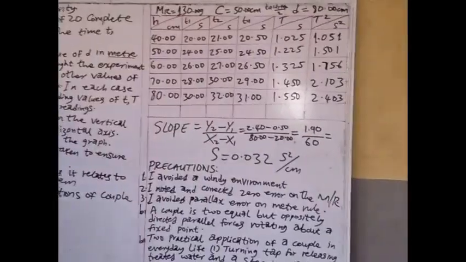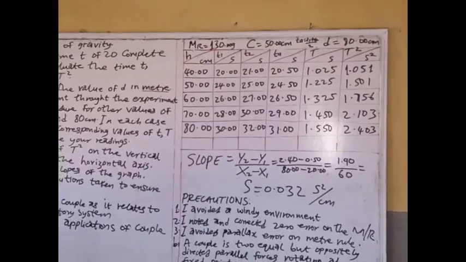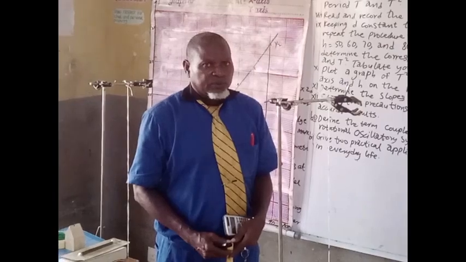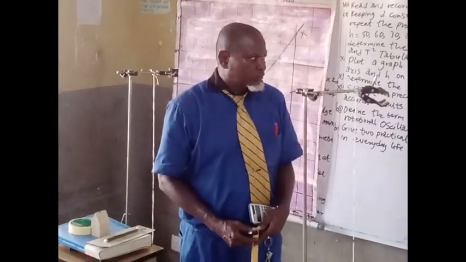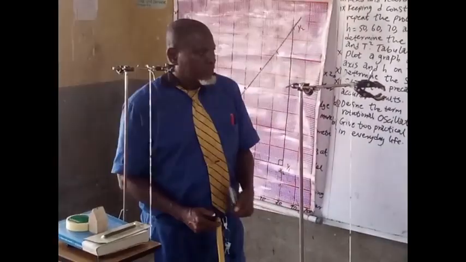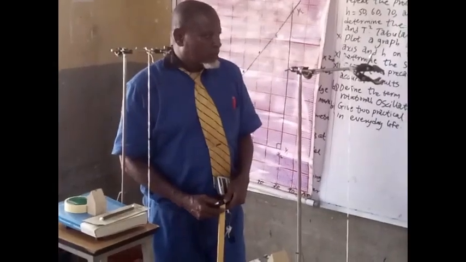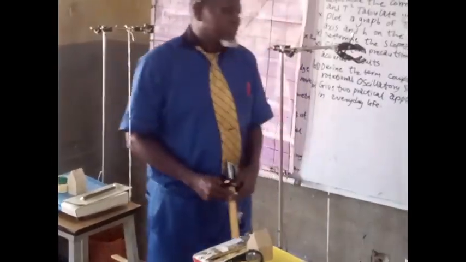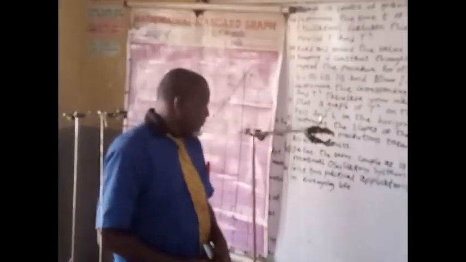Now, the next one is B1. Define the term couple as it relates to a rotational oscillatory system. A couple is two equal but oppositely directed parallel forces rotating about a fixed point.